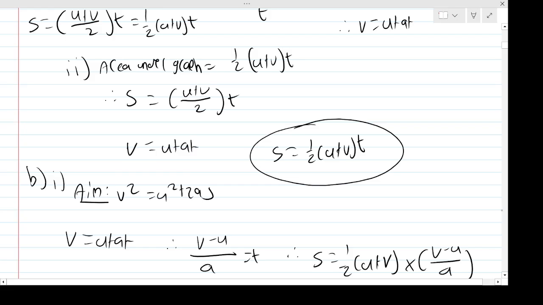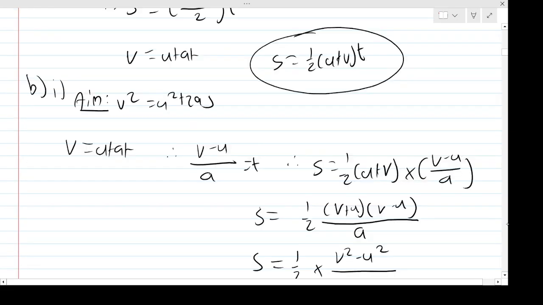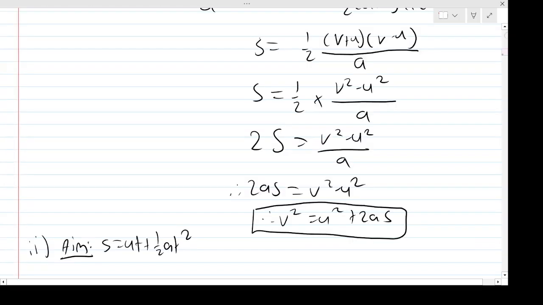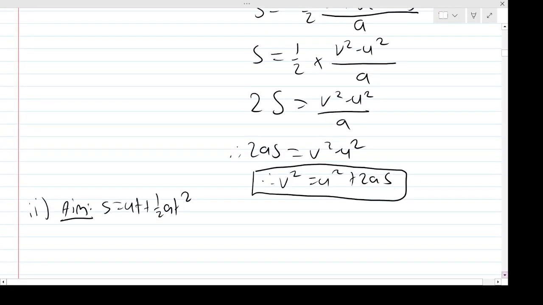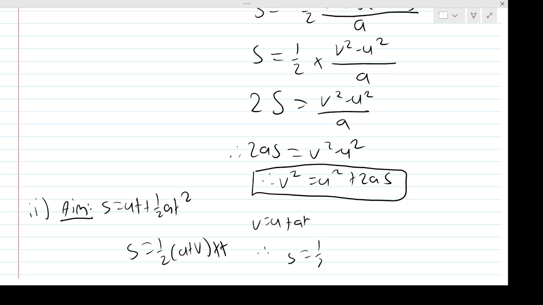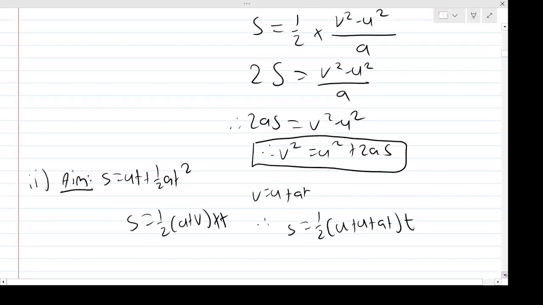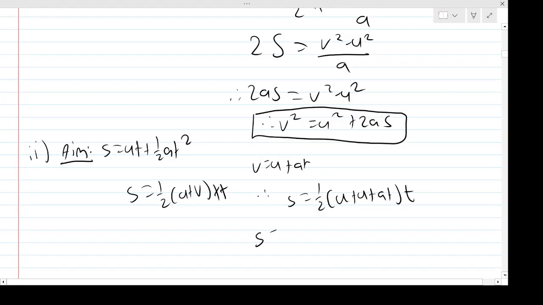So if I substitute v into here, s is going to be a half of u plus v times t. Well, if v is u plus at, then s is a half of u plus at times t. Then if I clean up inside the bracket, I get s as a half of 2u plus at times t.